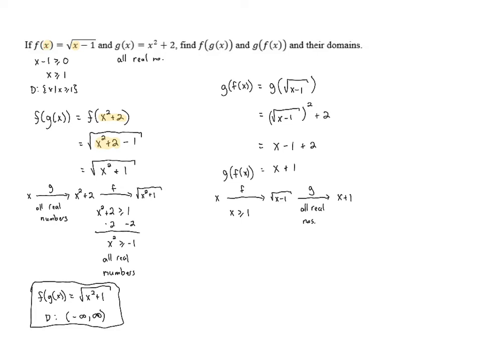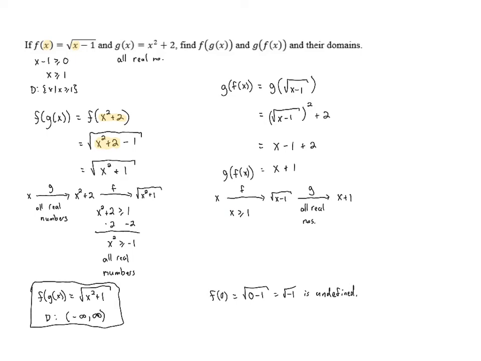Actually, let me write this down over here. f of 0 is the square root of 0 minus 1, which is the square root of negative 1, which is undefined. So we end up with a problem if we try and plug in anything that's less than 1.